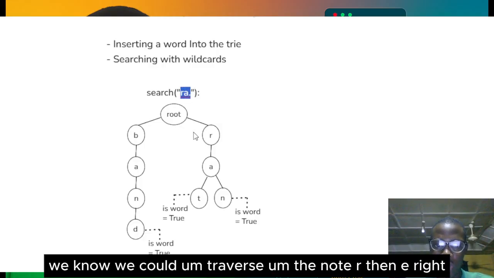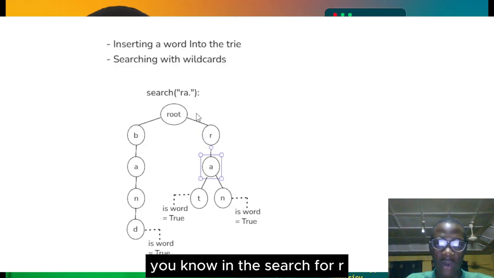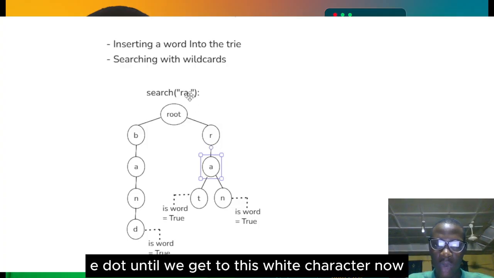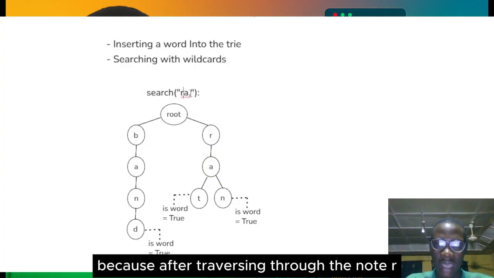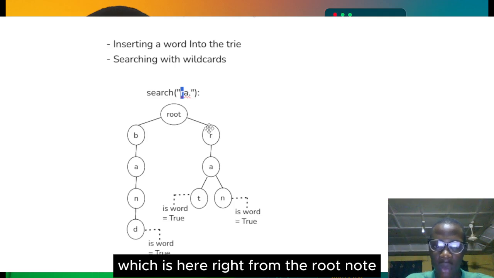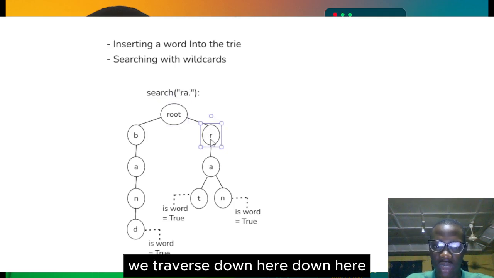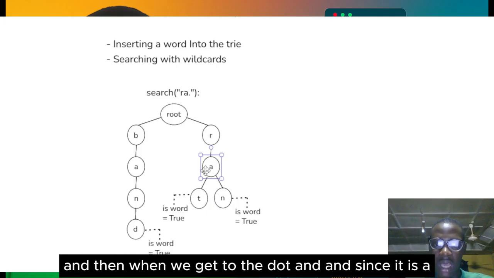"ra.", we know we traverse the nodes R then A, right? In the search for "ra.", we go from the root node down to R, then A, until we get to the dot.